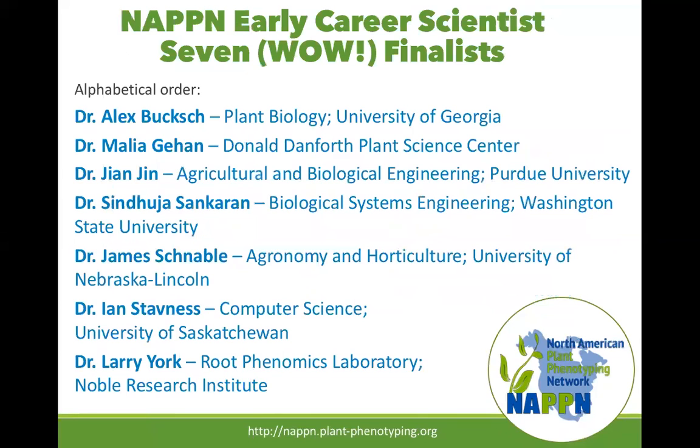Dr. Malia Gihan, I should know most of these names, but I'll still butcher them, at the Donald Danforth Plant Science Center, and she's developed PlantCV and some of the computational methods, really integrating plant science with analysis. Dr. Jian Jin, who is on our executive board.